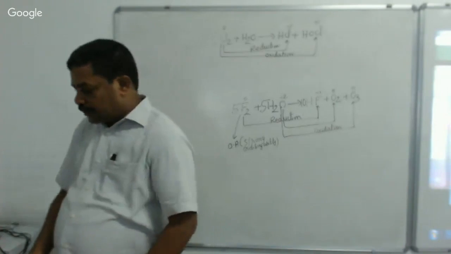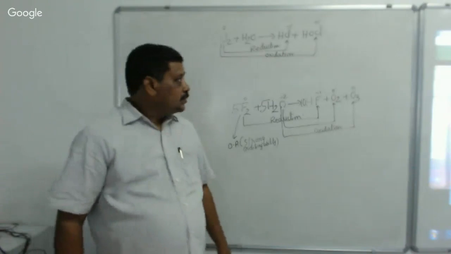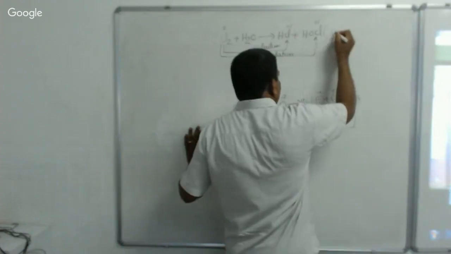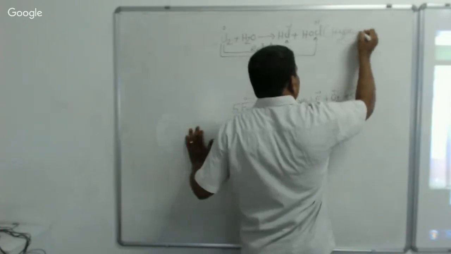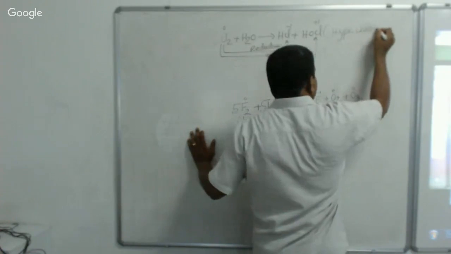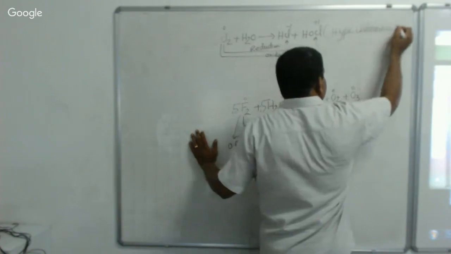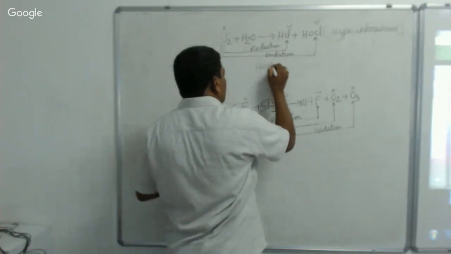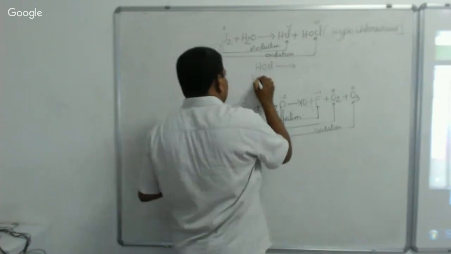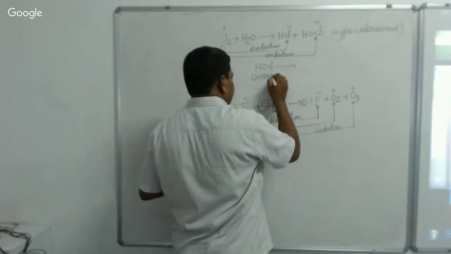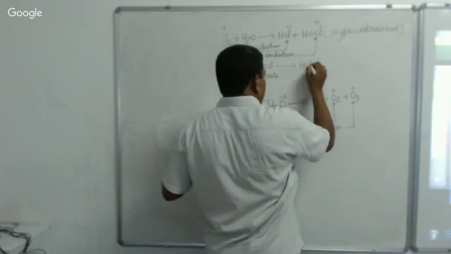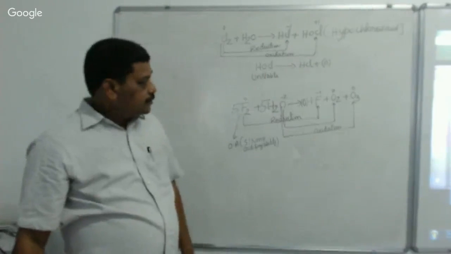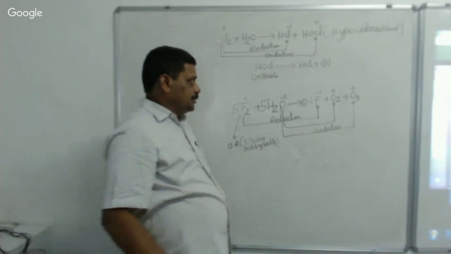So when chlorine is passed into water, what are the products? Hydrochloric acid and hypochlorous acid. And you all know hypochlorous acid is unstable, so it readily decomposes, giving nascent oxygen.